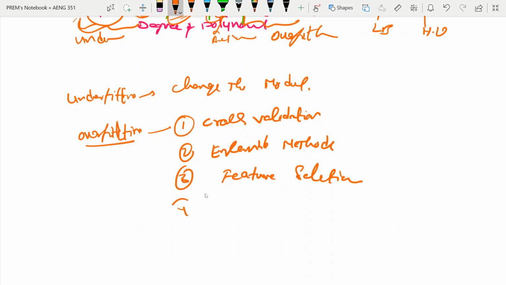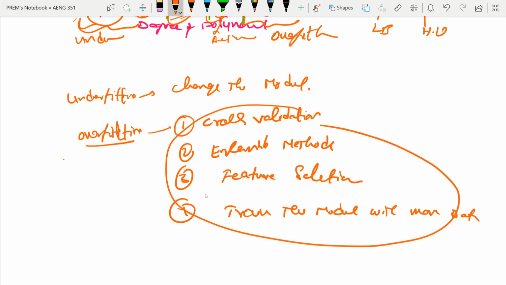And fourth one, train the model with more data. In these 4 cases we can avoid and control the overfitting. So this is today's concept.